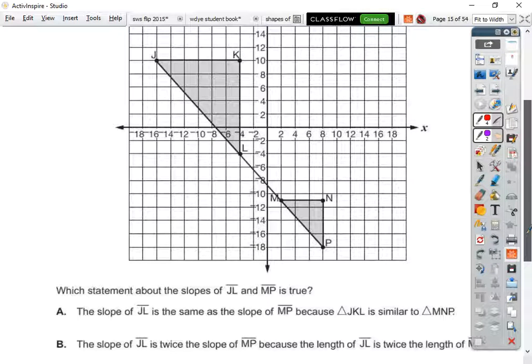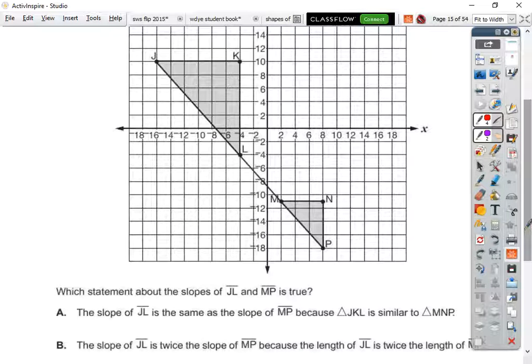Well, I'm not sure if they're similar or not. Let's find out. So we have 1, 2, 3, 1, 2, 3. So this has a slope of -1, because I went down 3. 1, 2, 3, 4, 5, 6. 1, 2, 3, 4, 5, 6, 7. Oh, wait a second. So that's 7.